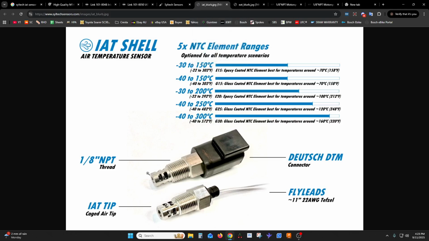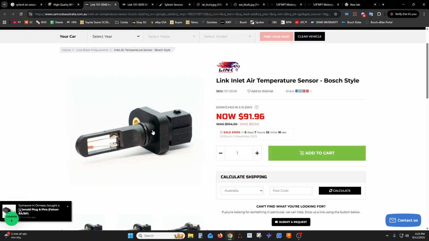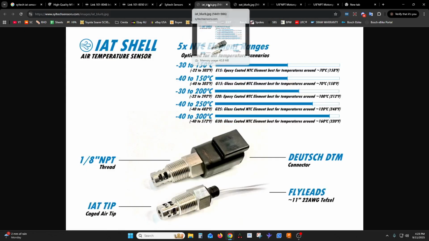This is the regular air intake temperature sensor. Remember, it's the same as this one here, essentially. If we have a look here, you've got different styles: glass coated, epoxy coated, E15, G15, E20, G25.